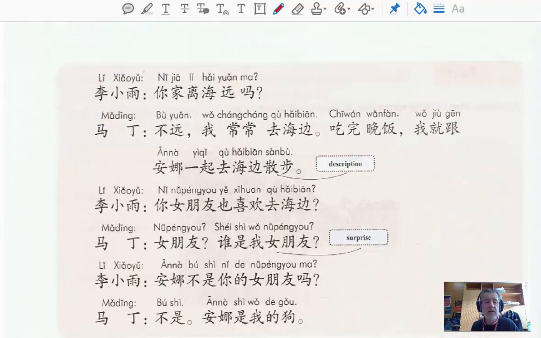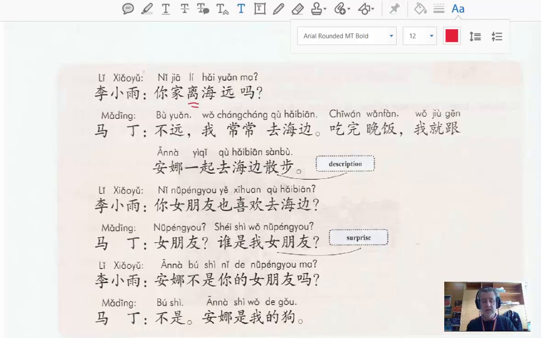Li Xiaoyu then asks, 你家离海远吗? So we have this word 离, and I think we've mentioned this in previous lessons. 离 differs from 从 in that 离 means away from.